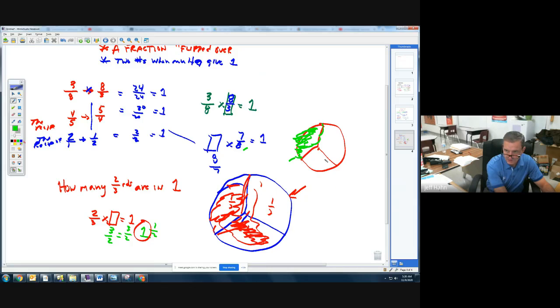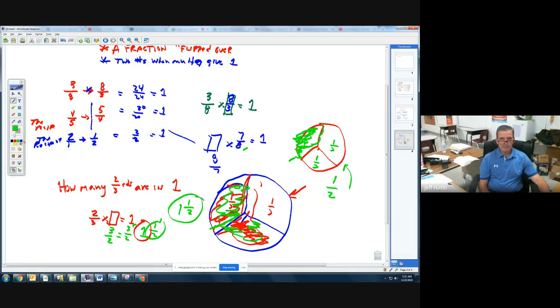Well, the question we have is, if you ate one of these 1/3 pieces, what fraction of the pizza that was delivered did you eat? Knowing that there were two 1/3s, you ate one of them. You ate half of the pizza that was delivered to you, because 1/3 is 1/2 of two-thirds, and that's where this 1/2 comes from. Because I got one whole group of two-thirds here, and this 1/3 is only half of two-thirds, so that's where the 1 1/2 came from. If you didn't catch that, that's okay, but I like to try to show it to you.